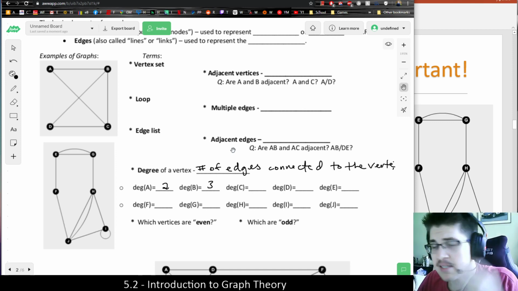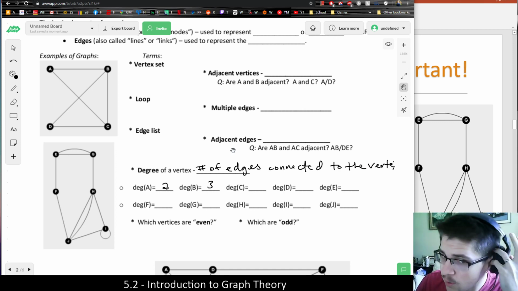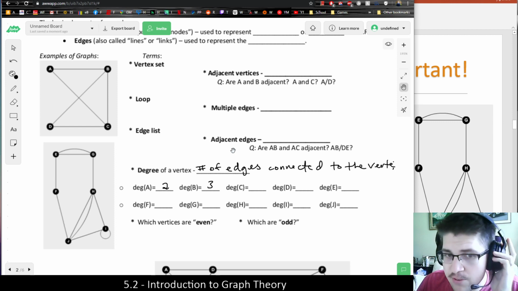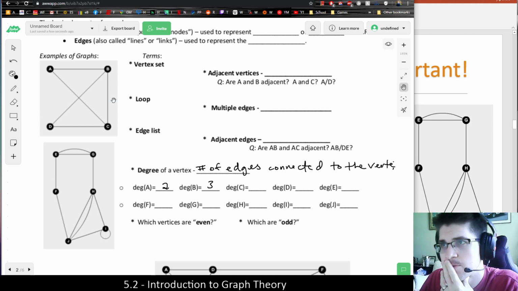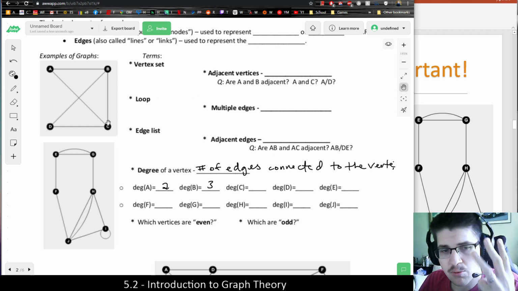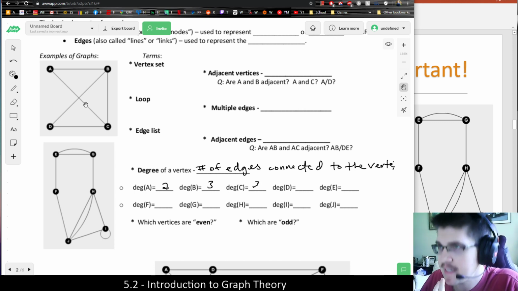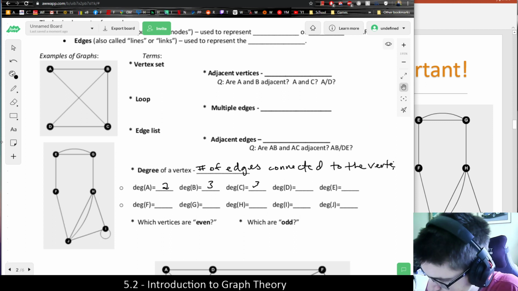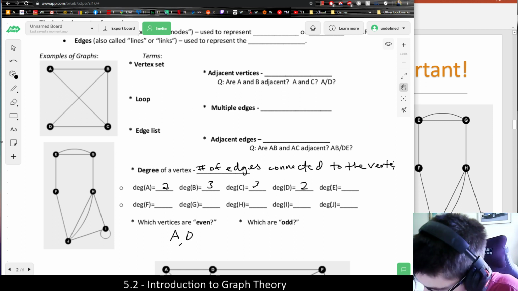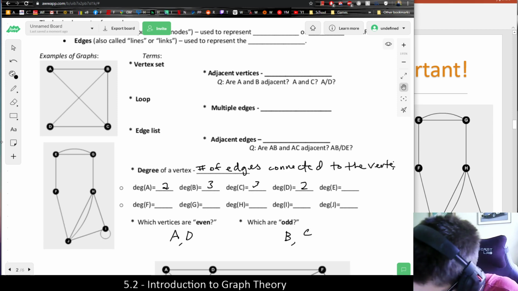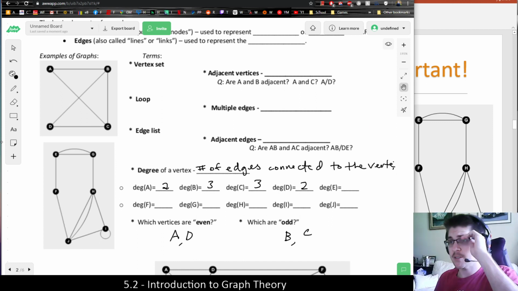And continuing, we could have another goal of classifying every vertex in the entire graph as either even or odd. So C has degree 3, that would be odd. And D has degree 2, which would be even. So as I'm classifying them, A and D were even vertices, whereas B and C were odd.